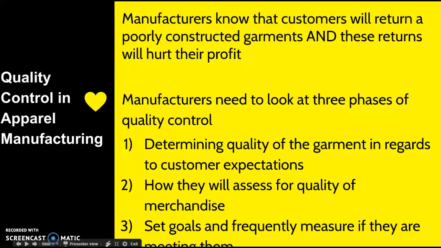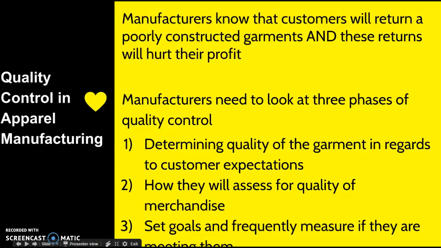So they need to look at 3 different phases of quality control. They need to determine the quality requirements of the garment in regards to customer expectations. So if you buy something at Forever 21, you're not expecting it to last as long as if you buy something from Lacoste.